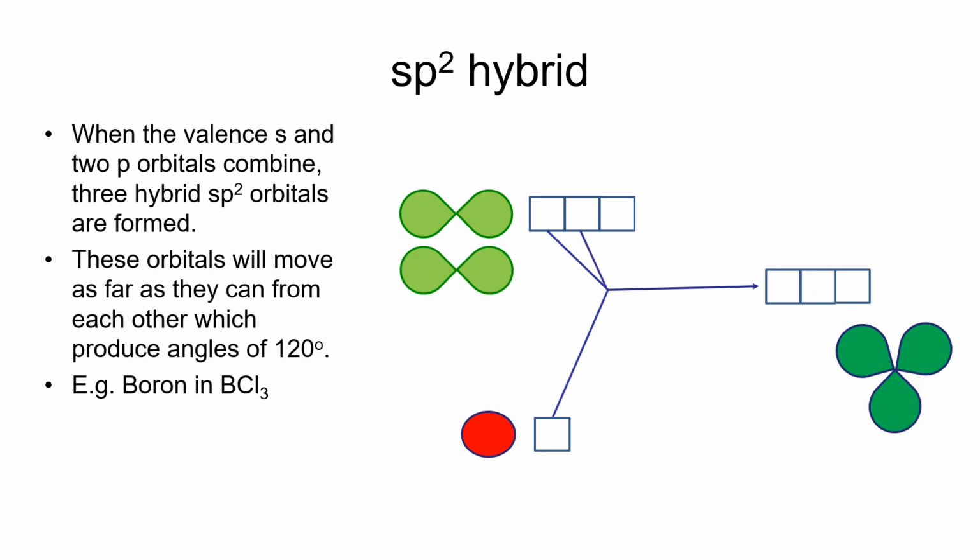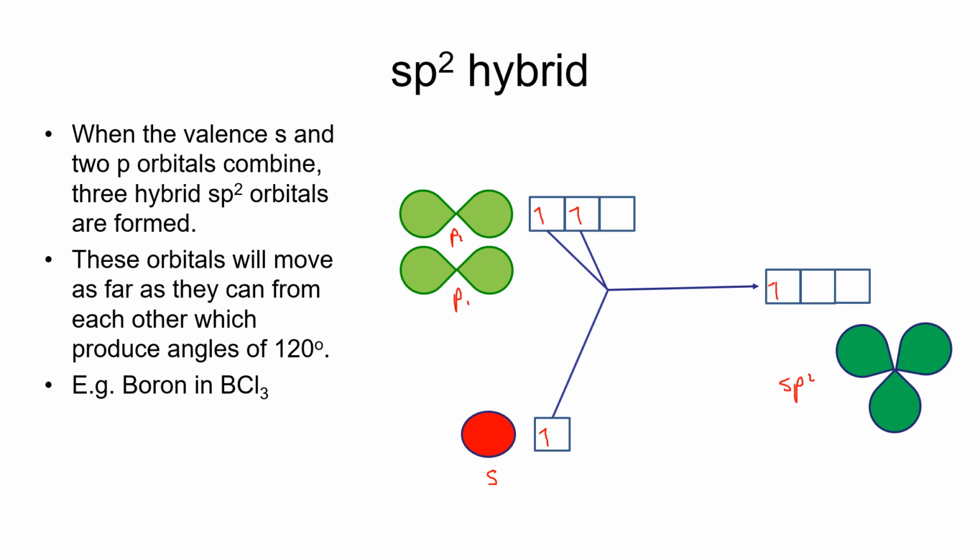Likewise with boron, if we take boron and we take its 3 electrons and we spread them out so that we can make 3 bonds, that means we're going to need 2 p orbitals along with the s, and so you call this an sp2 hybrid.